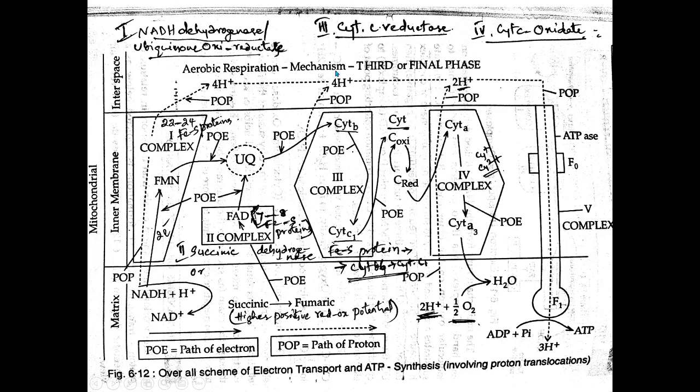The difference between these proton concentrations across the inner membrane and matrix results in the formation of a pH gradient. Because of the higher proton concentration outside the inner membrane, protons return to the matrix down the proton gradient through the coupling factor, or ATP synthetase.